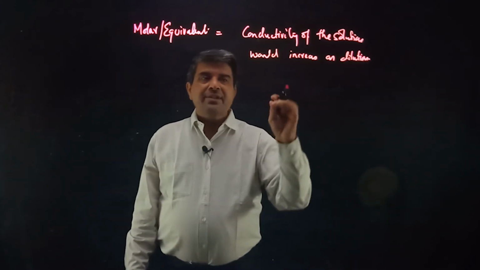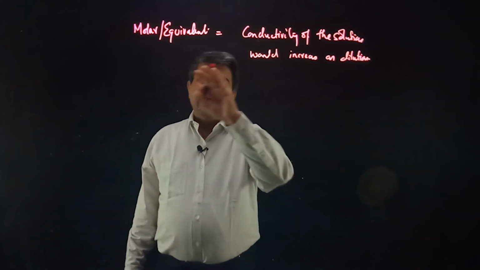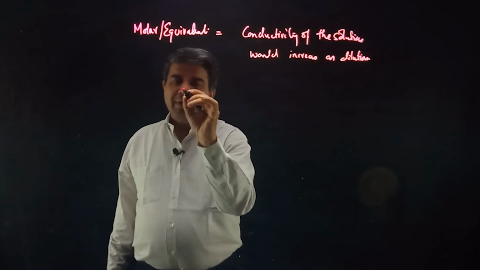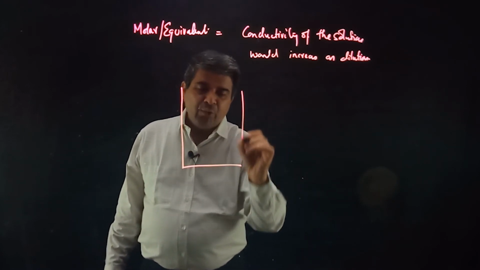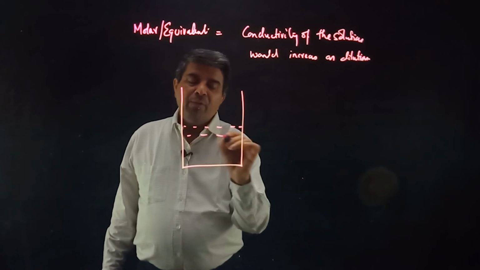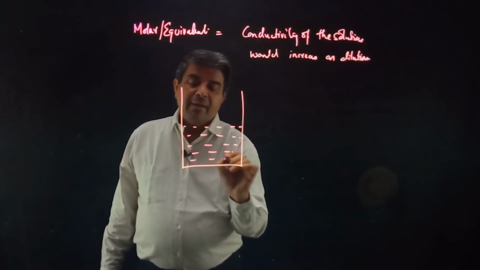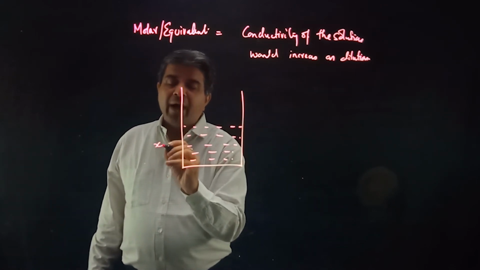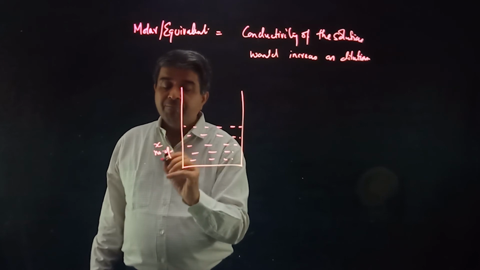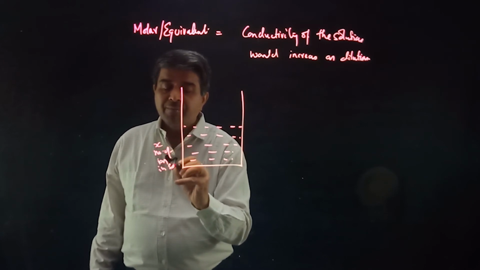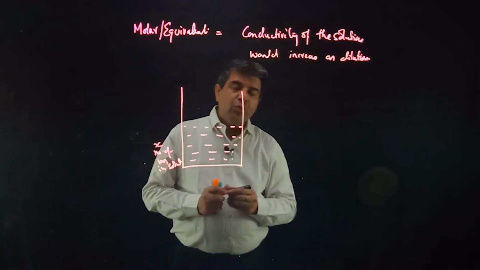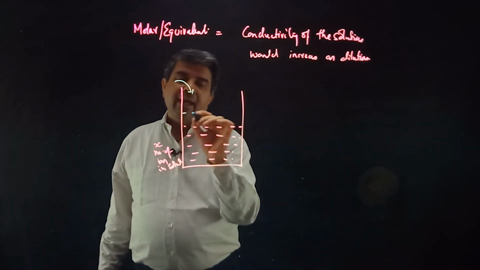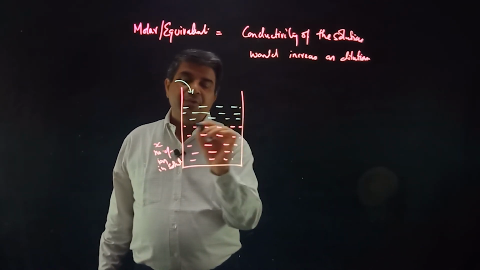So let's try to understand the variance in conductivity, either molar or equivalent conductivity on dilution, and how it increases with dilution. So if I consider a solution and say this is the volume of the solution, now in this volume there are few ions, say there are X number of ions in solution. Now when dilution is increased, I am adding water into this, and after addition of water, the volume of the solution is increasing.